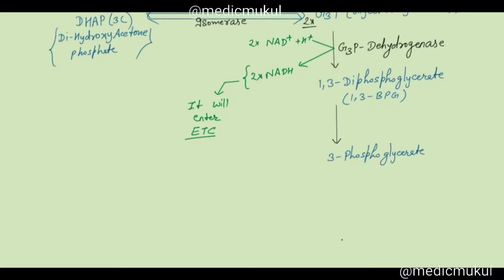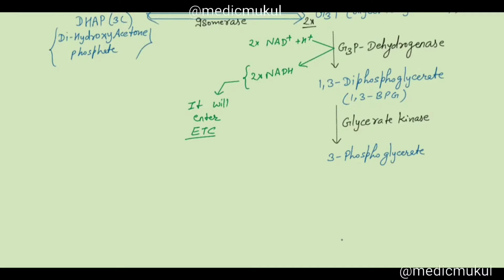Again, which enzyme will be here? Yes, that will again be the kinase, because one phosphate is being removed here. So that is phosphoglycerate kinase. So again the kinase is used. Why? Because one phosphate is being removed.